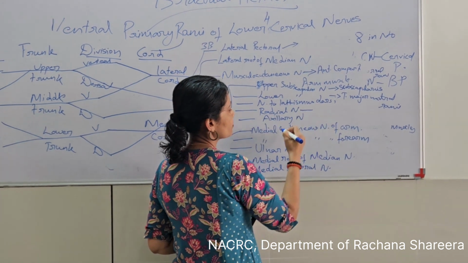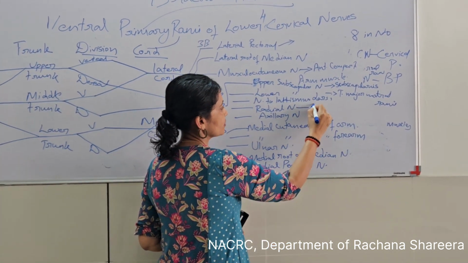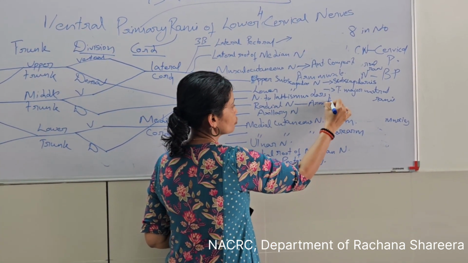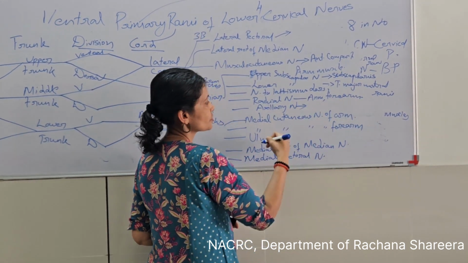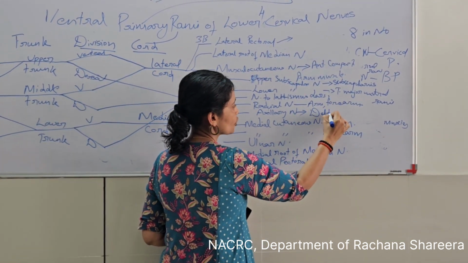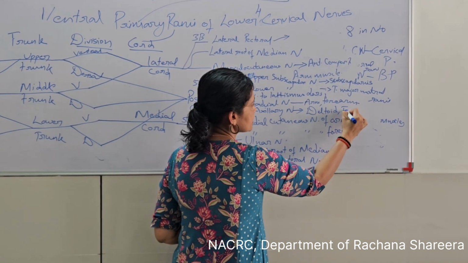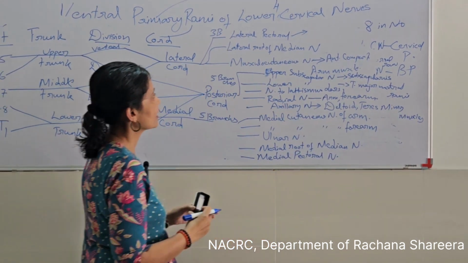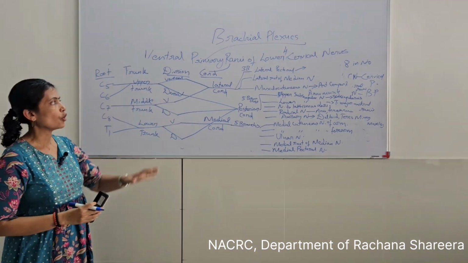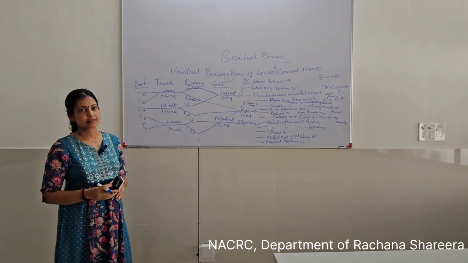Radial nerve supplies the posterior compartment arm and forearm muscles. Axillary nerve supplies deltoid and teres minor. So this is regarding the branches of the brachial plexus.